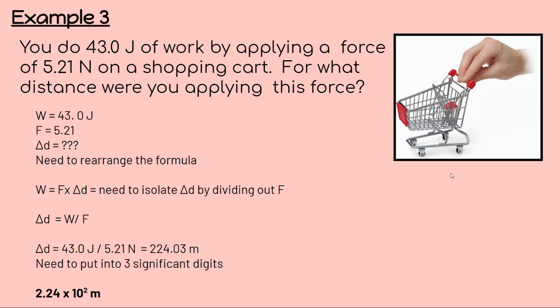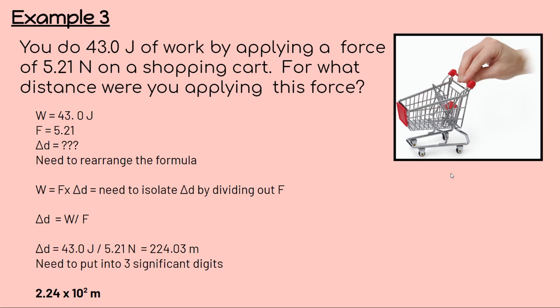I moved my decimal 2 places. So this ends up being 2.24 times 10 to the 2 meters. Again, using scientific notation to put a larger number into a way that we can read it and make sure that we have the correct amount of significant digits. All right. So that's how you rearrange the formula if you're looking for distance.